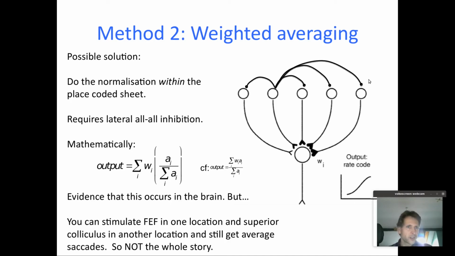You might expect to see just the neuron that was activated in the colliculus taking precedence, or the one in the frontal eye fields. If your mechanism was only within each layer, you wouldn't expect to see that average saccade.